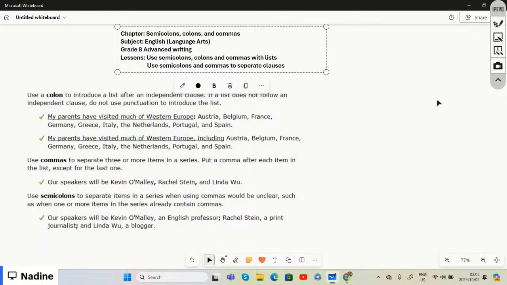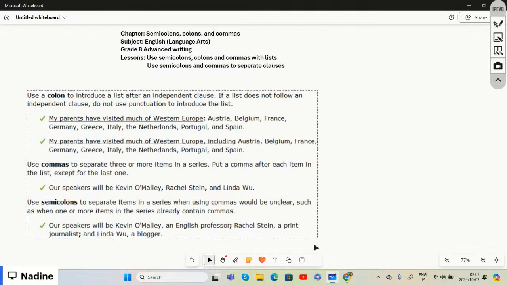And the lessons that we are going to be focusing on under this chapter are to use semicolons, colons, and commas with lists, and to use semicolons and commas to separate clauses. So that is going to be our lessons for today.